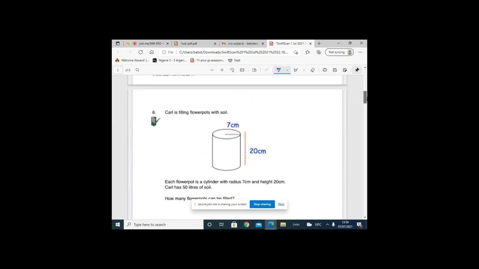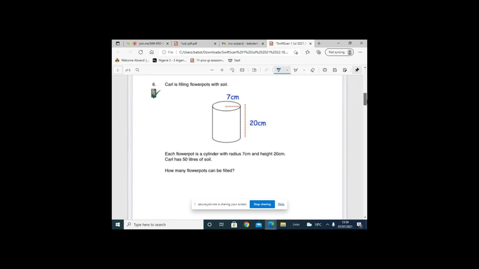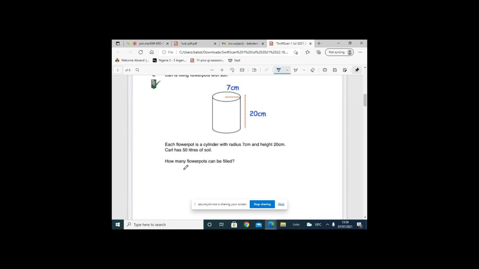And for this one too, you said each flower pot is this. So it's how many flower pots can be filled? So it's 50 liters of this soil. You found the volume of this first. You got 33,077.